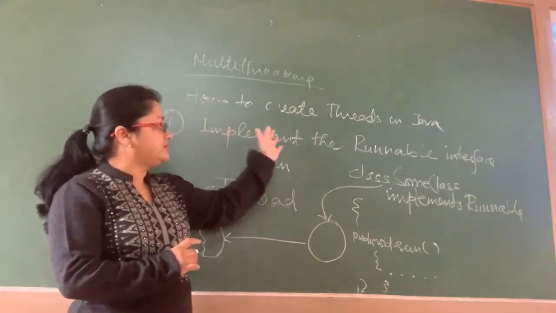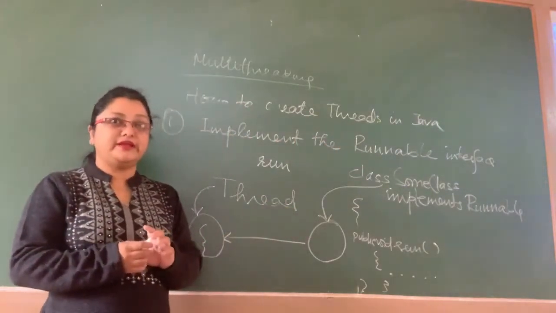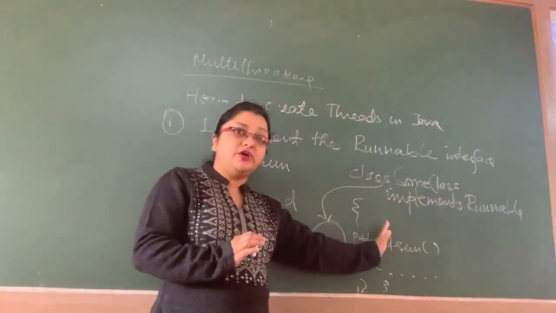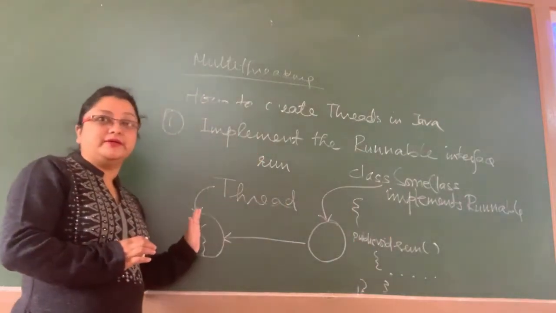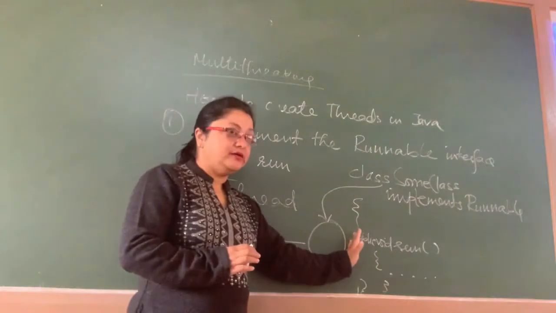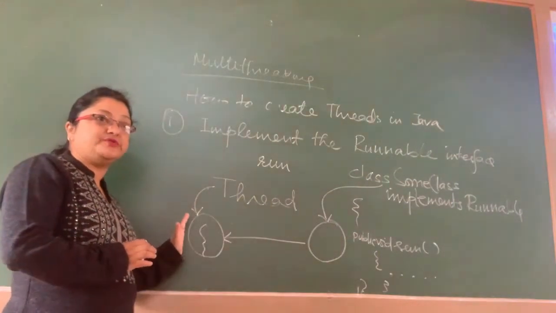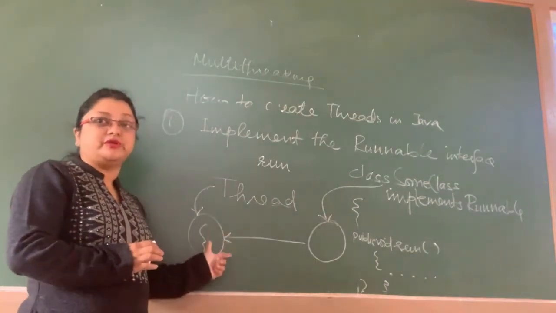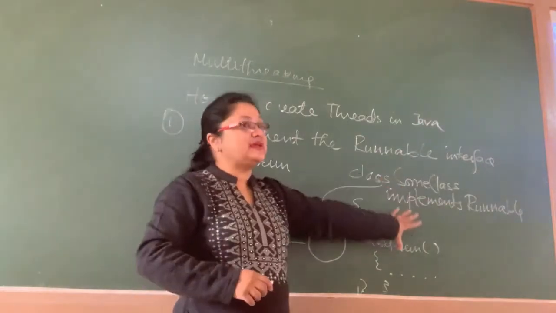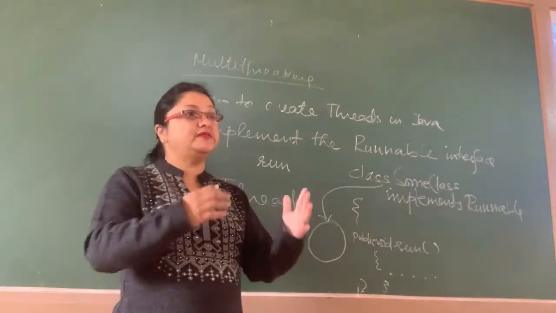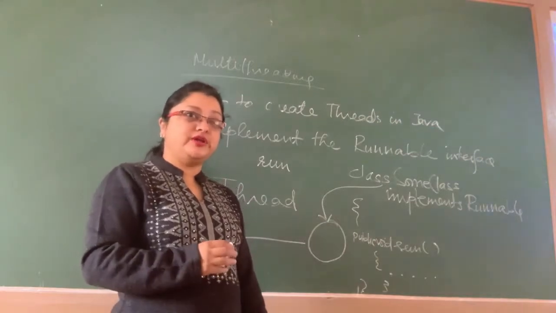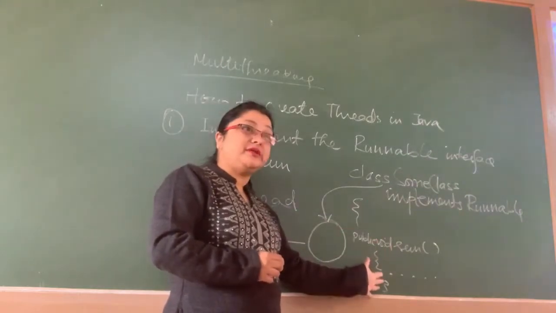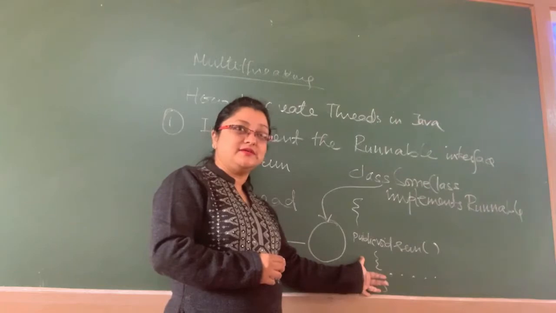If we follow this method of writing multi-threaded programs, there has to be a clear separation between the task you want to perform simultaneously and the thread. Here you have the task object, here you have the thread object, and you associate the task to the thread. Suppose I want to do the same task 3 times and I want all of them to run parallelly. Then I create 3 threads and also 3 objects of the task.